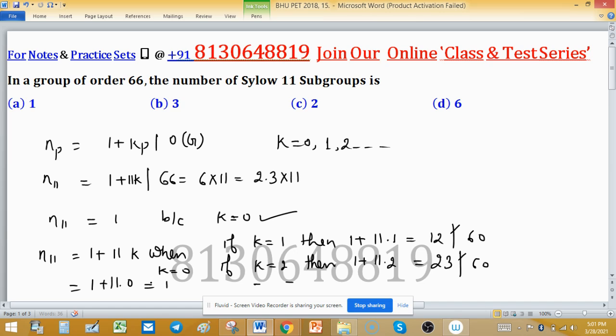If a Sylow subgroup is unique for its order, then it is normal. So the question can be transformed into how many normal subgroups this Sylow 11 subgroup gives. So option A is true.